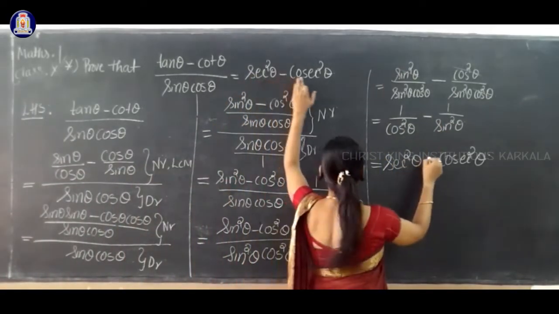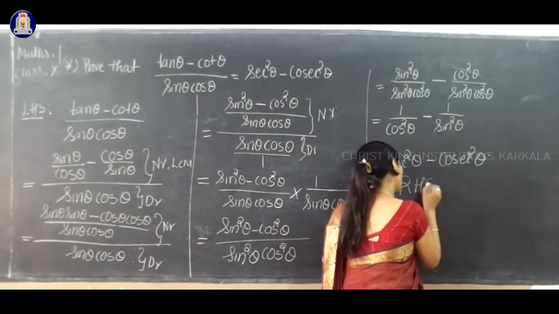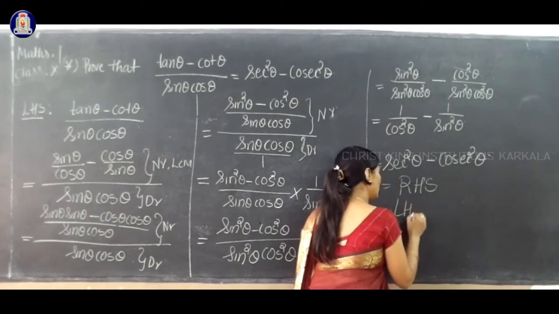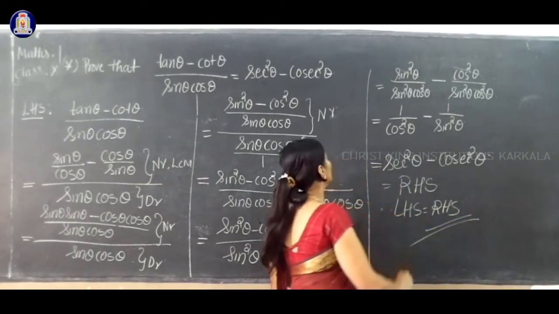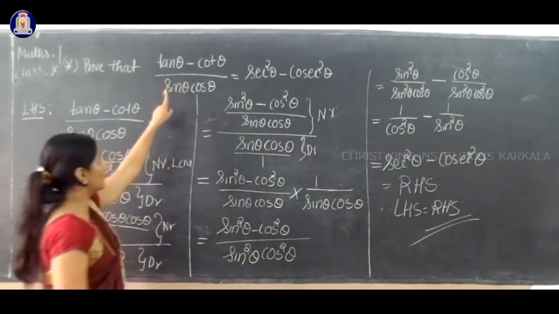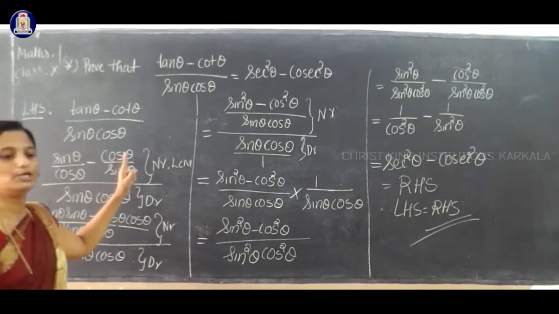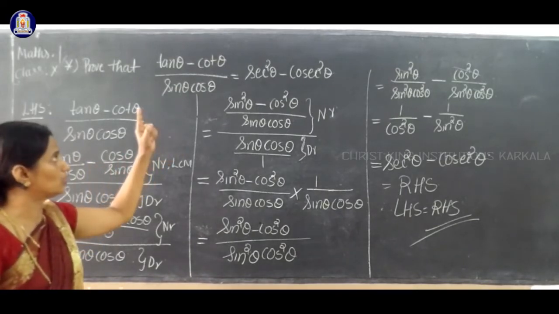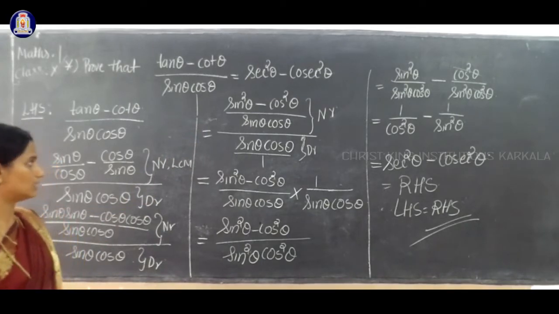Secant square theta minus cosecant square theta, which is equal to RHS side. Therefore, LHS side is equal to RHS side. Therefore, in conclusion we should write tan theta minus cos theta divided by sin theta into cos theta is equal to secant square theta minus cosecant square theta.